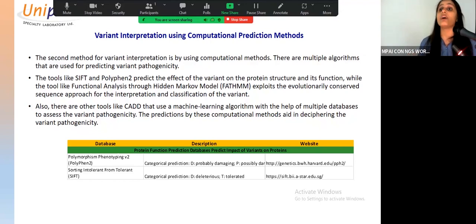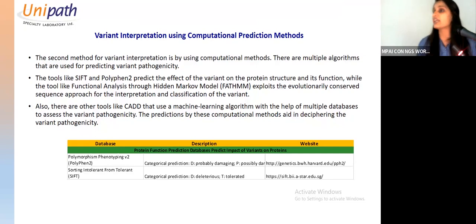In that case, you have to take a decision. Usually you should use a minimum of 3 in silico prediction tools. If 2 tools out of the 3 show pathogenic, then you should consider it as deleterious.